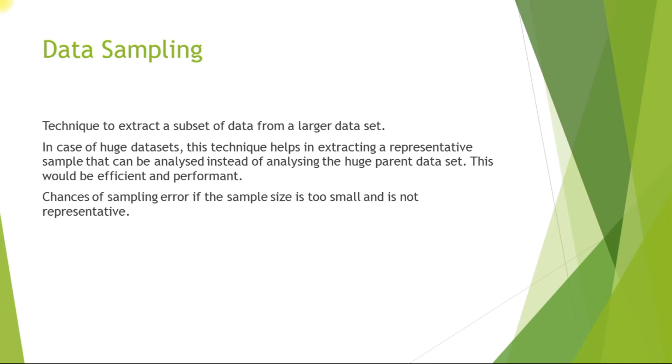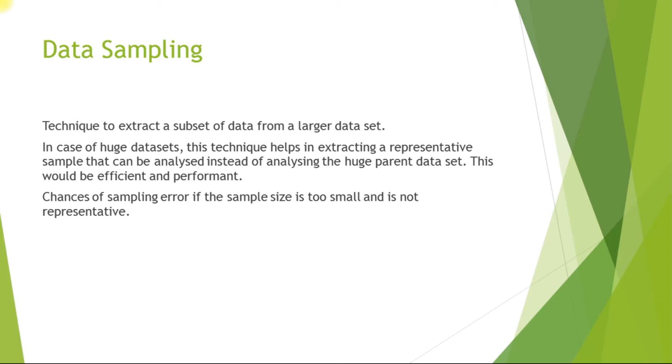And this is definitely efficient and performant because we are not analyzing the huge dataset. Instead, we are extracting a representative sample that represents almost all the cases present in the huge dataset, and we infer the result. Since we work on a smaller dataset, we say that it is efficient and performant.